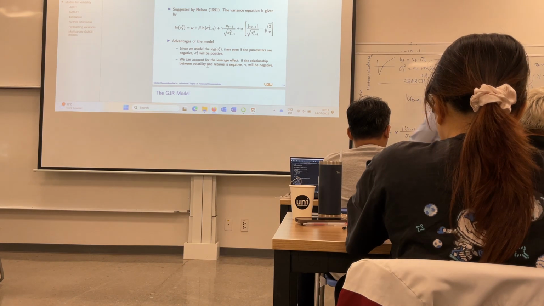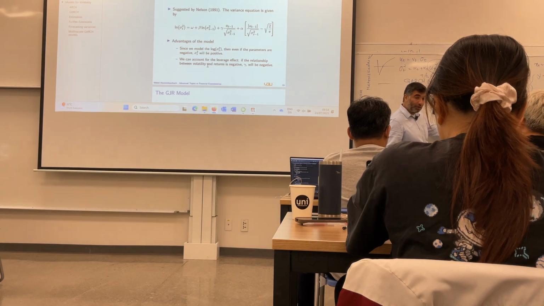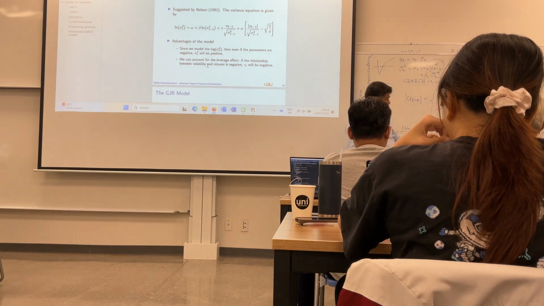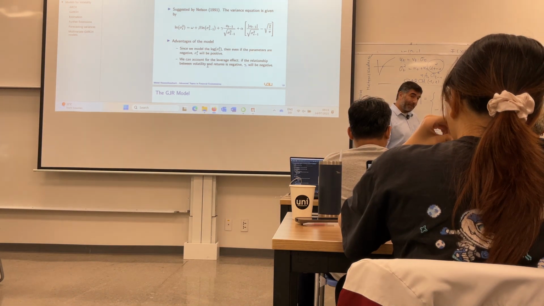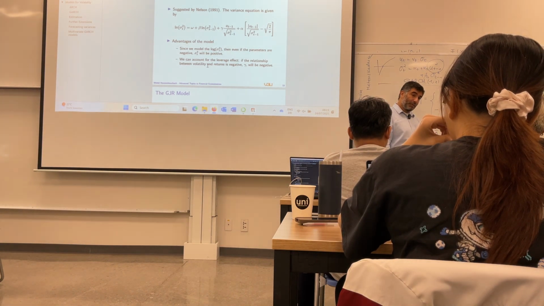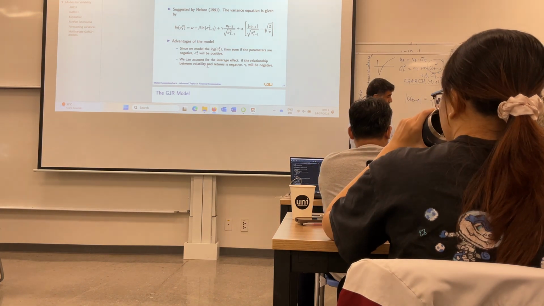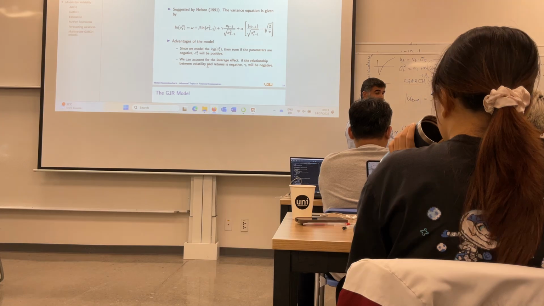If alpha is negative, then the effect of a past shock will become smaller on the volatility tomorrow. Right? If alpha is positive, then the effect of a past shock will be bigger on tomorrow's volatility.